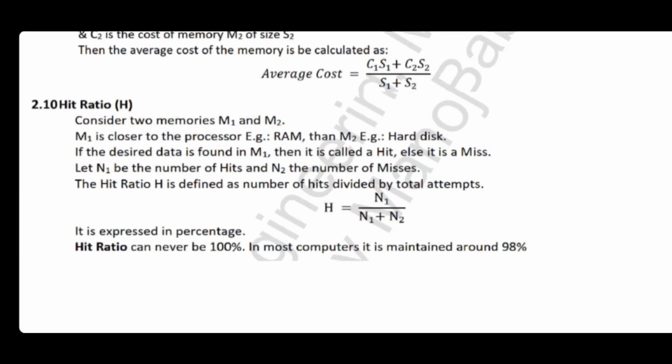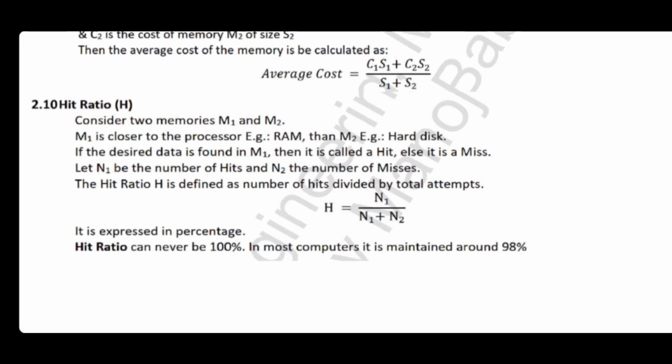If the requested data is there in the memory M1, then M1 is called a hit. If there is no data in memory 1, then it is called a miss.